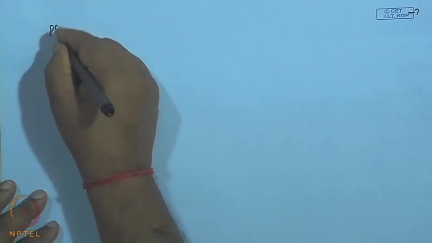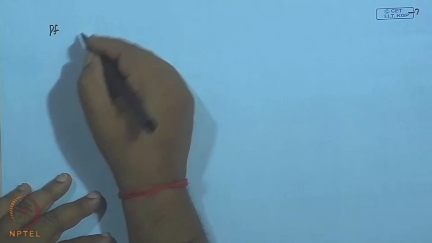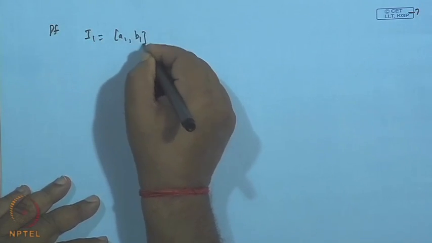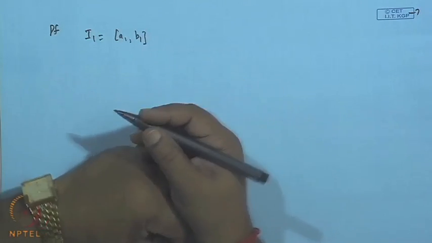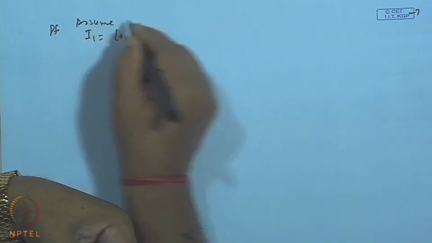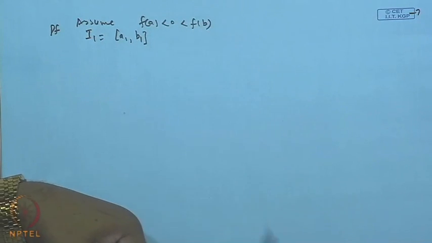Now, the proof of this: in fact, we will generate the sequence of successive bisections. So, let us suppose I_1 is an interval, say [a_1, b_1], and let us first assume that f of a is negative and f of b is positive.